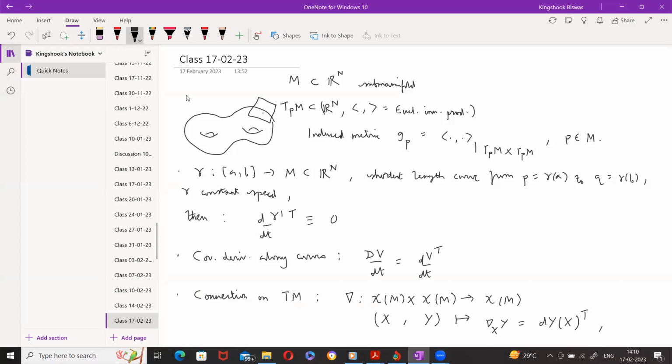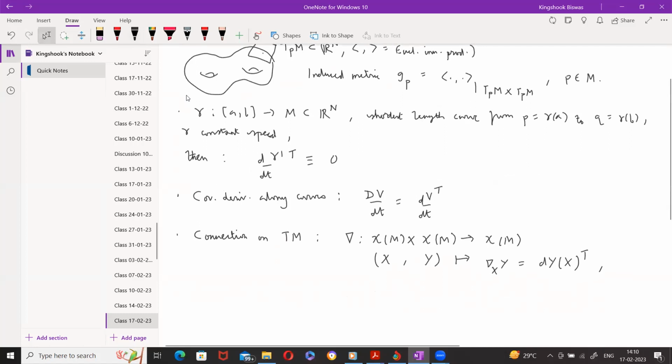So here you think of a vector field Y on M as a map from M into Rn. Because at each point, Y_p is an element of T_p M, which is identified with a subspace of Rn.